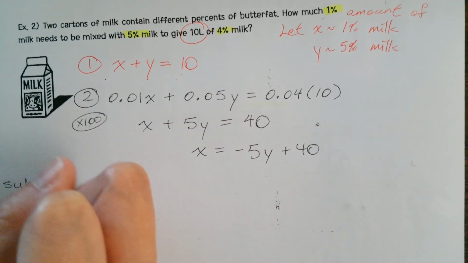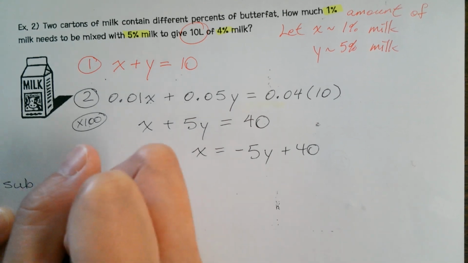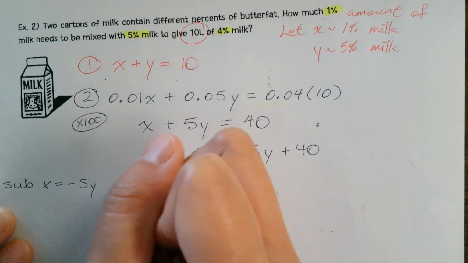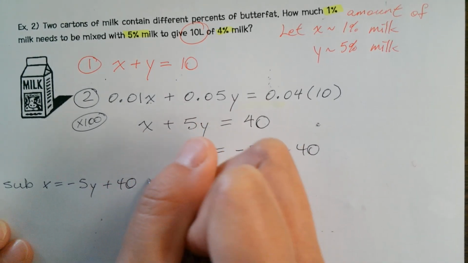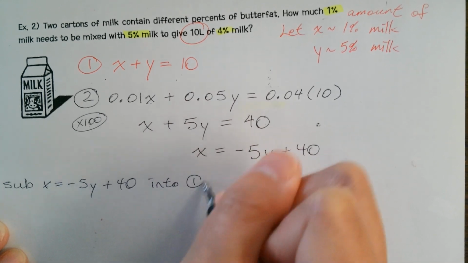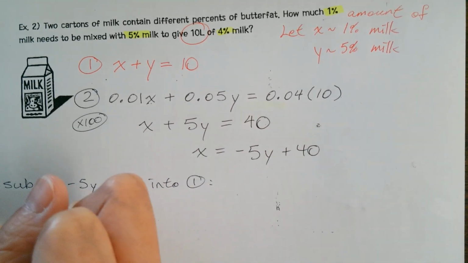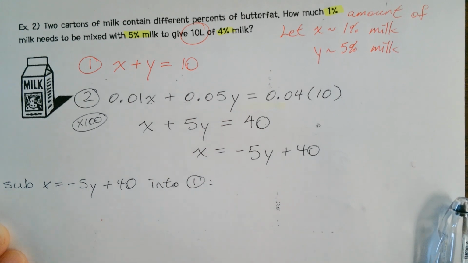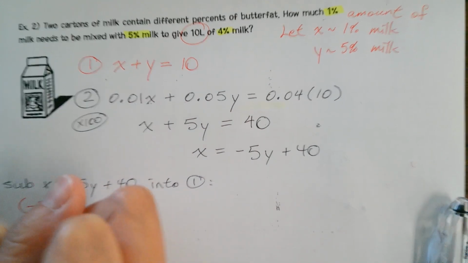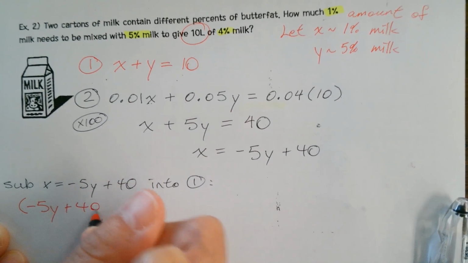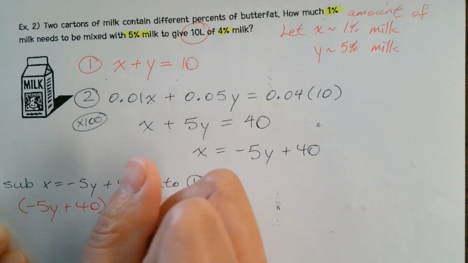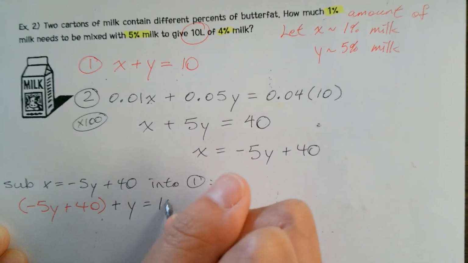So sub x equals negative 5y plus 40 into equation 1. So we get negative 5y plus 40 plus y equals 10.